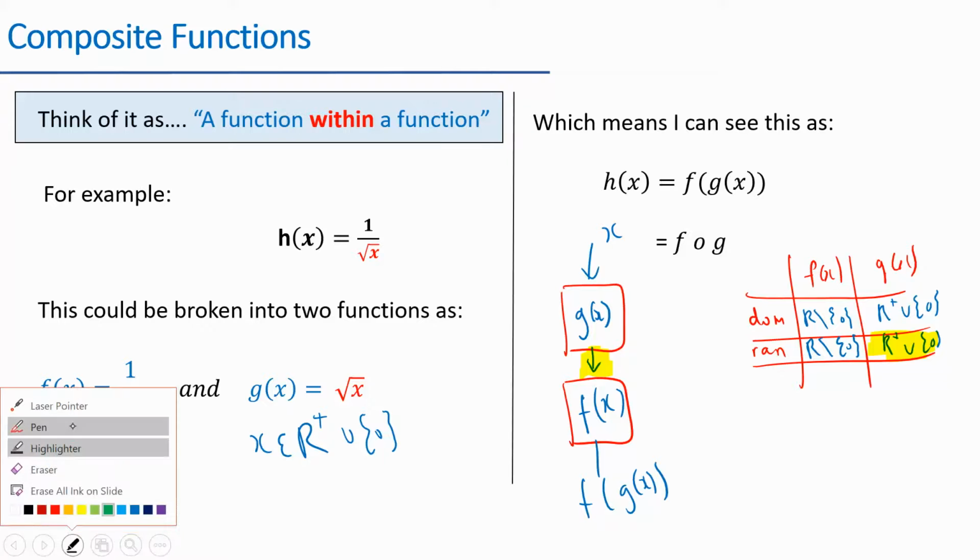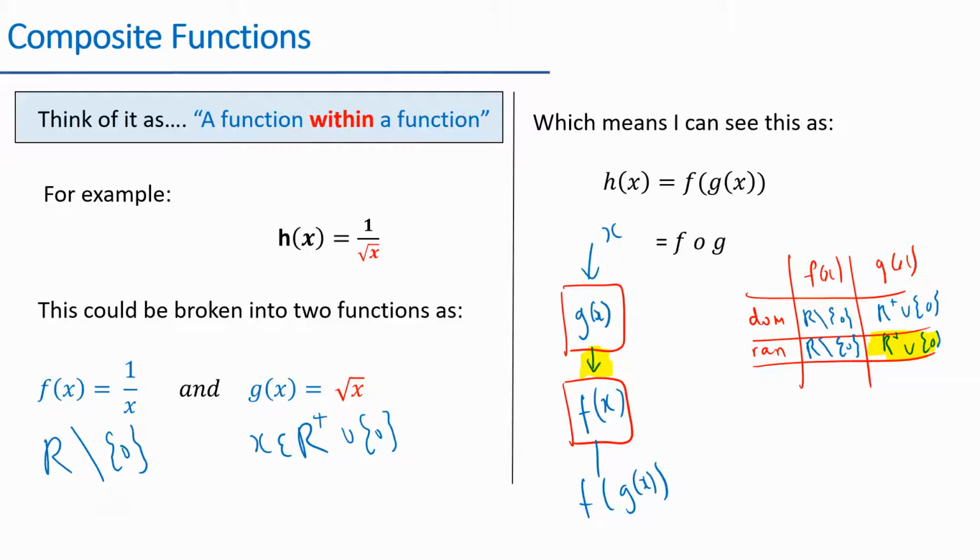It's going to come out as the range, but the range can only be r plus union 0. The problem is that this is not a subset of r excluding 0.